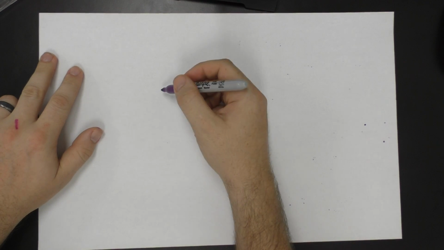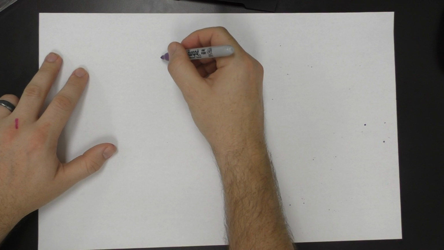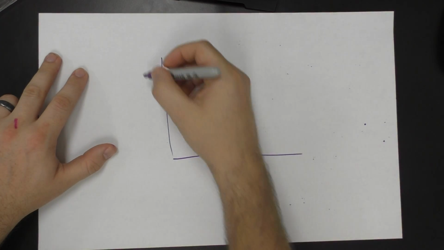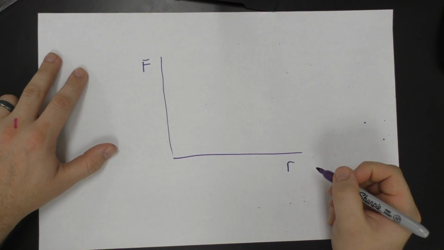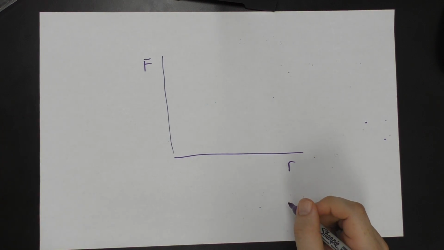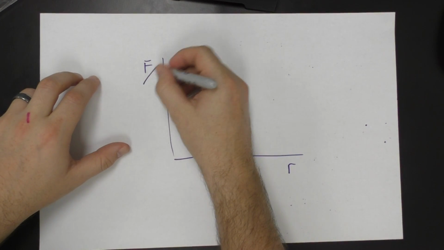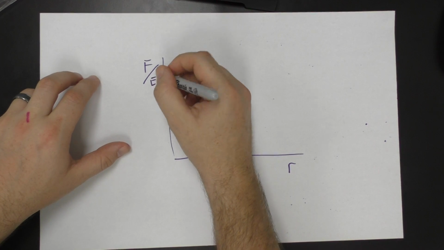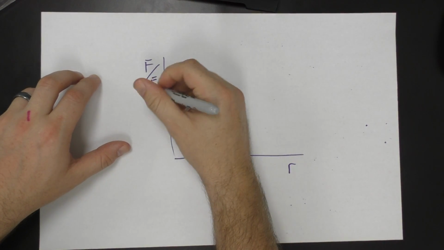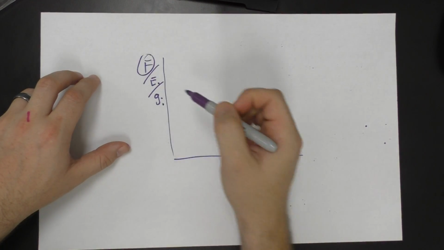Now, depending on what graph you've got and what you're dealing with, you can also have a graph of force against distance. Now, it's worth noting that force against distance, in this case, shares a very similar graph with field. So you could have the field strength or G. So this would be electric field strength, this would be gravitational field strength, or we can just deal with force.